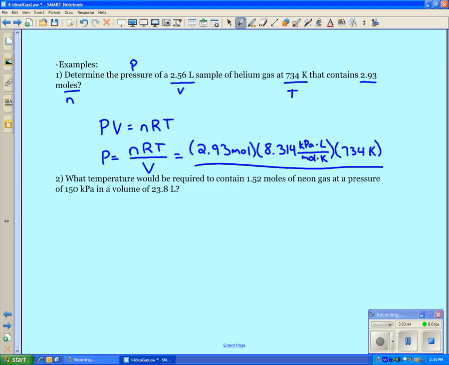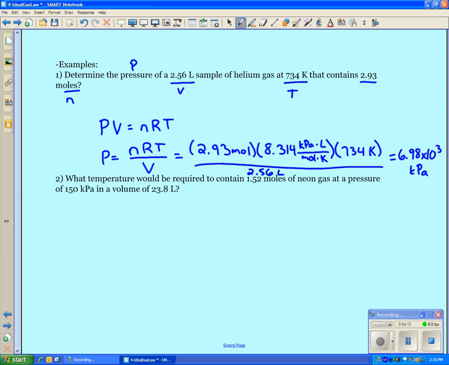And all of that is going to be over top of volume, and that's 2.56 liters. So put all of that into your calculator. Units are going to cancel, and you'll have, in scientific notation, because we want 3 significant digits, 6.98 times 10 to the 3 kilopascals.